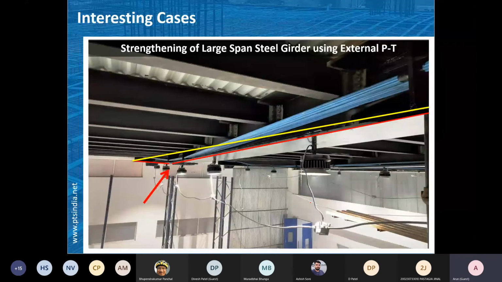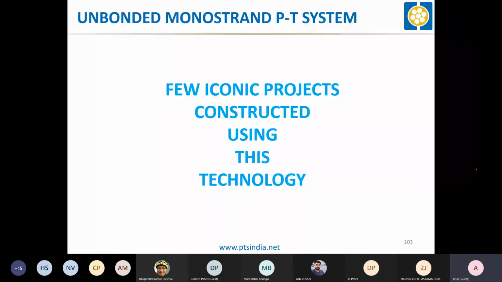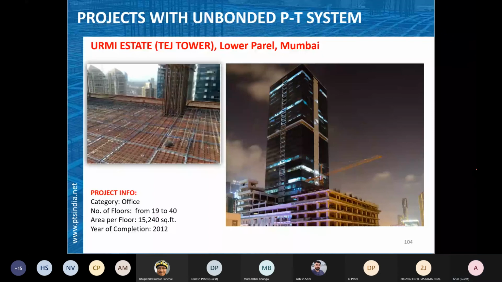There are a few iconic projects we constructed till date. I would like to share those things. This is one of the iconic projects we did in Mumbai, in Lower Parel side. It is a 40-story building. So it was one of the top 10 buildings in 2009, 10, 12 in India.